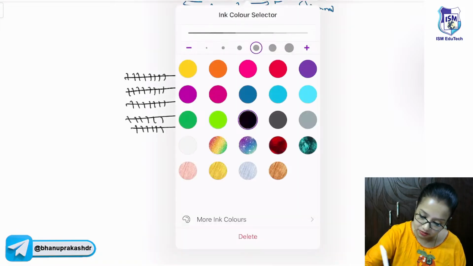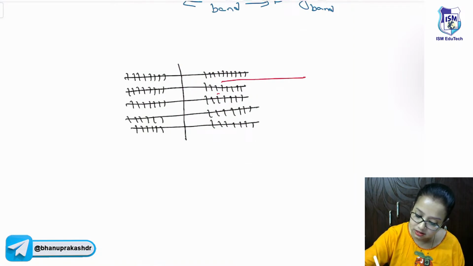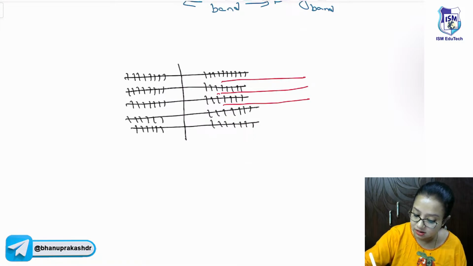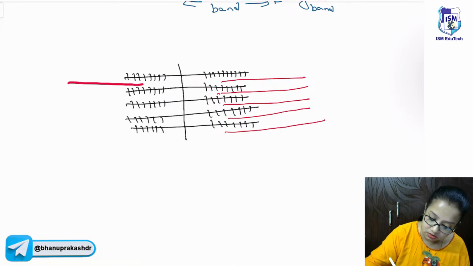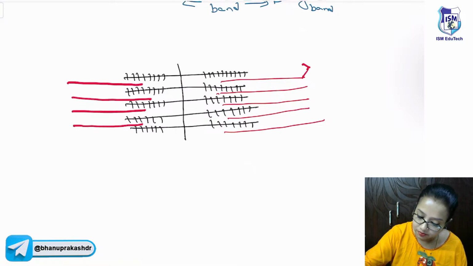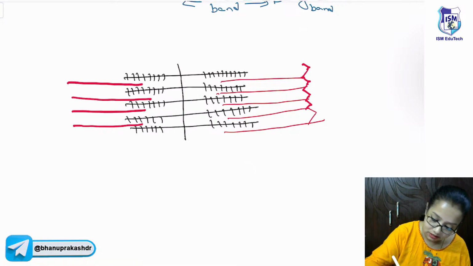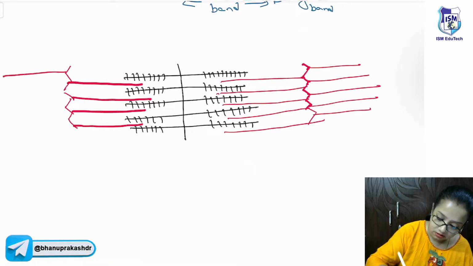This is the A band. We'll do the demarcation very soon. And on either side of this A band lie the lighter bands, which is the actin. So the orientation is something like this.